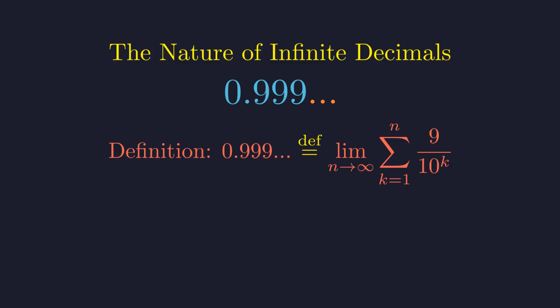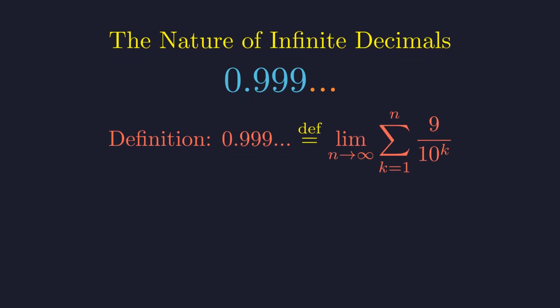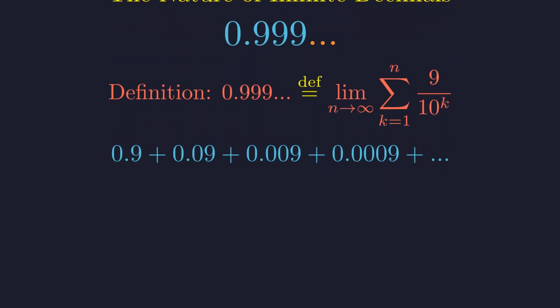This definition symbol means we're establishing what 0.9999... represents as a mathematical object. Every infinite decimal expansion gets its meaning this way. We can express this process as an infinite series: 0.9 plus 0.09 plus 0.009 plus 0.0009, and so on.